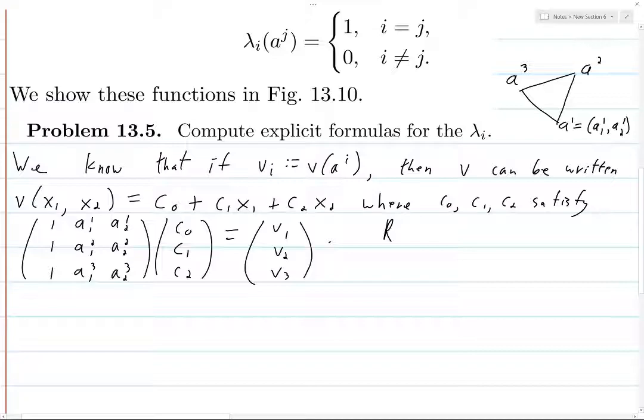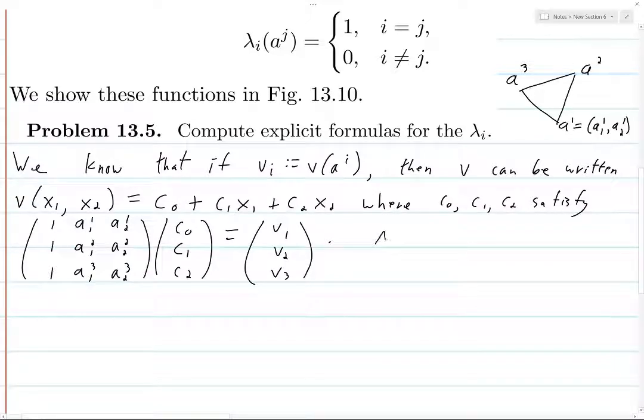So we want to use this to find the formulas for v. We want to write these lambda i's in these forms, the C0, C1, C2. So for each lambda i, we want to find the corresponding C0, C1, C2 values.